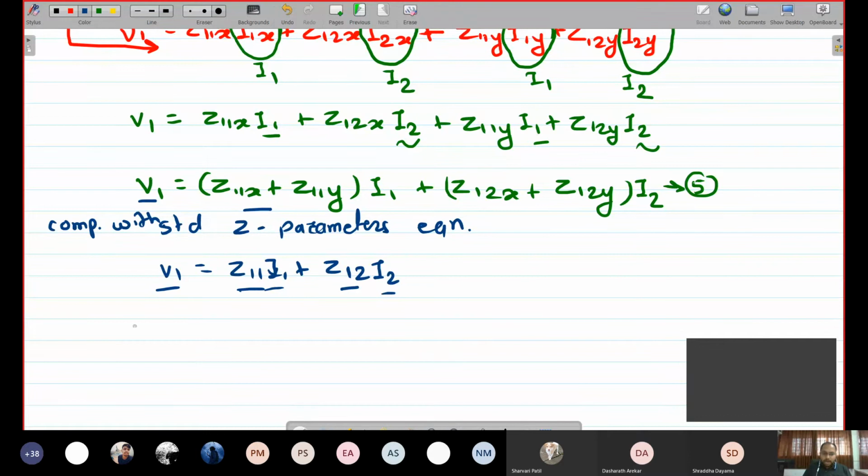So on comparing, I am getting Z11 is equal to Z11X plus Z11Y, isn't it? And finally, Z12, not Z12X.